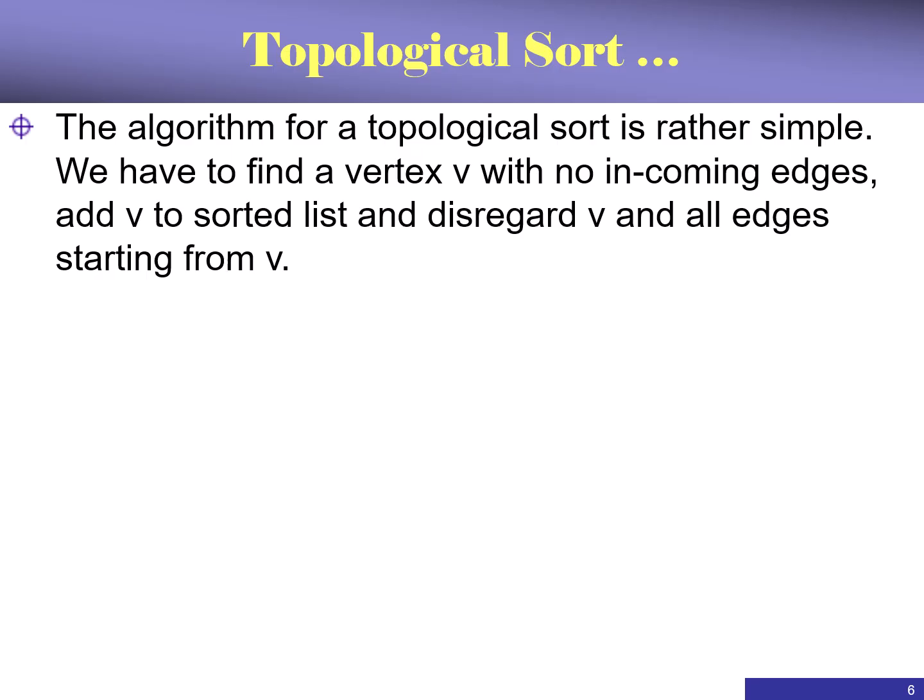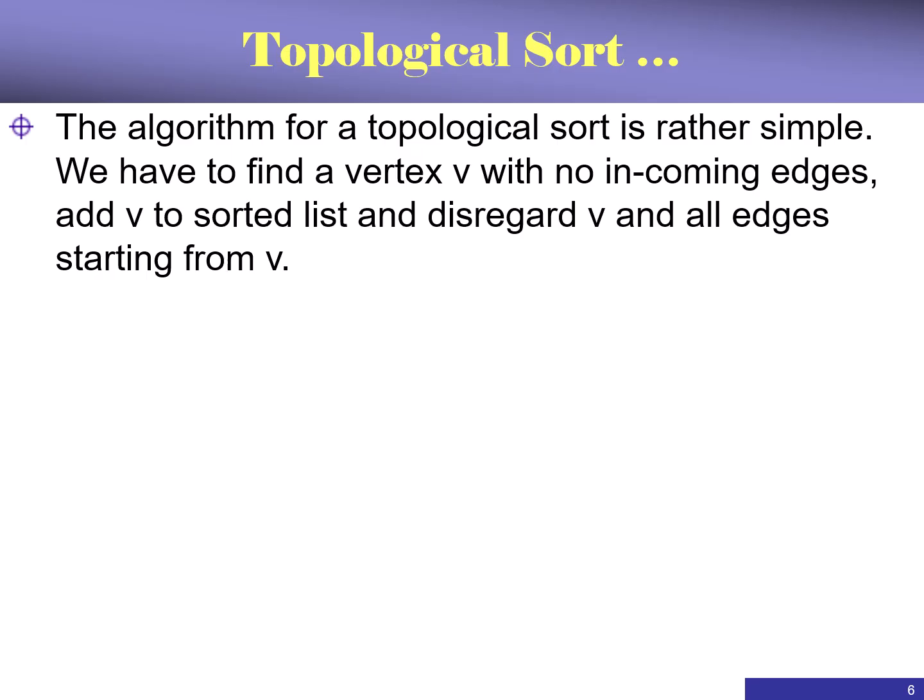Just understand this. We need to identify the in-degree of each vertex. First of all, given a graph, calculate the in-degree for each vertex. You may have some vertex or vertices with 0 in-degree. One by one, you remove the vertex with 0 in-degree and add it to the sorted list.